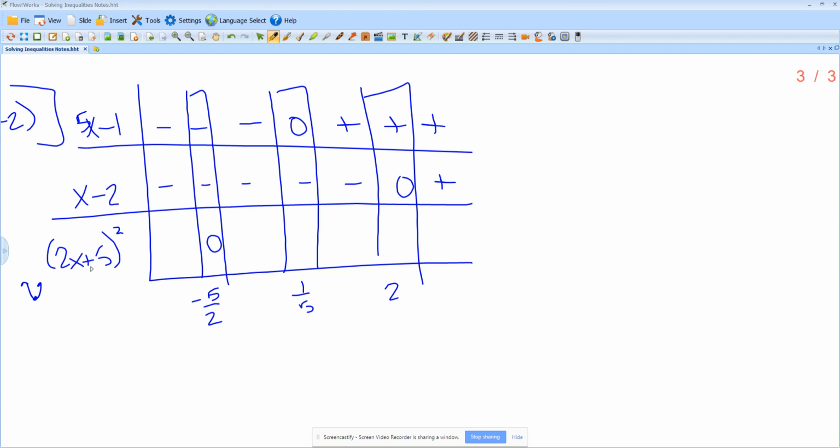Again, another way of thinking about that is no matter what I put in for x, I could never get a negative for this factor. So this will just be pluses all the way, except here at 0. 2 negatives and a positive makes a positive. 2 negatives and a positive makes a positive. 2 positives and a negative makes a negative. 3 positives makes a positive.